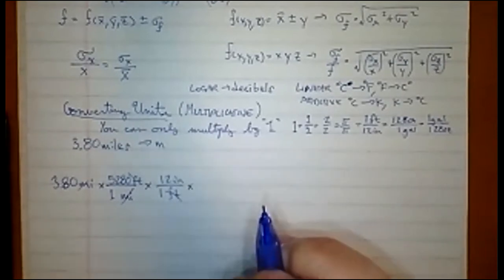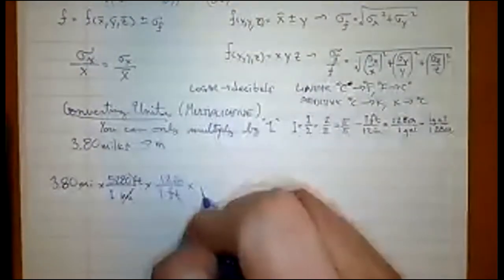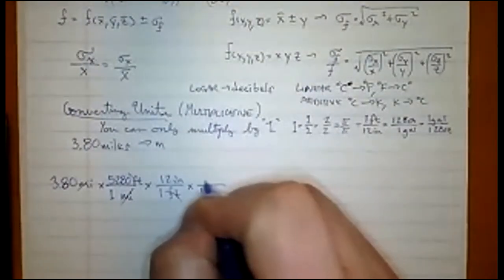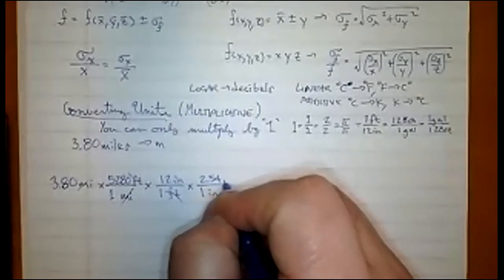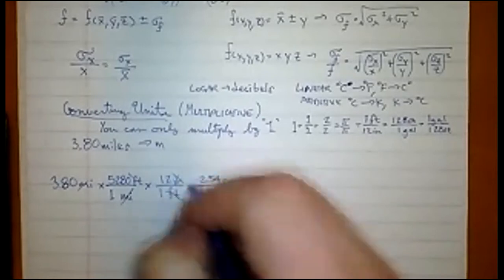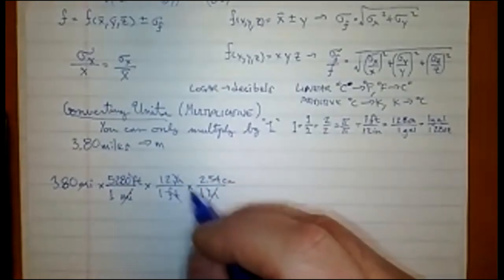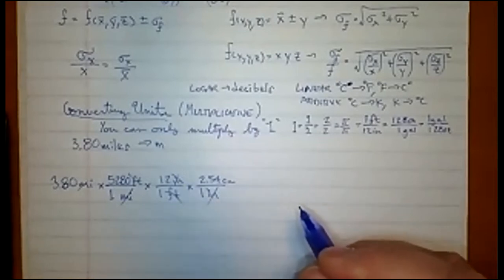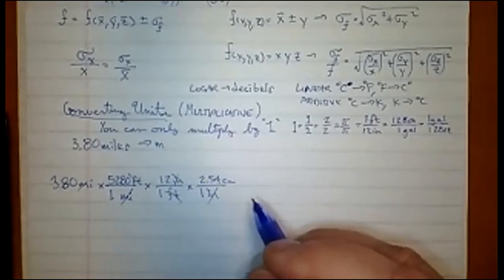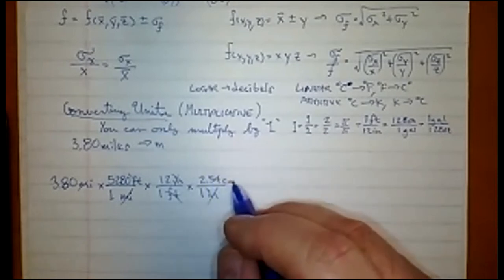Now I also know that the exact conversion between inches and centimeters is that 1 inch is equal to 2.54 centimeters. That's exact. That's what makes all this conversion so perfect. Notice how I'm using a different slashing symbol to cancel out each one. That's really nice because it can let you see if you look back and find any errors you might have made. So I've now gotten to the metric system.